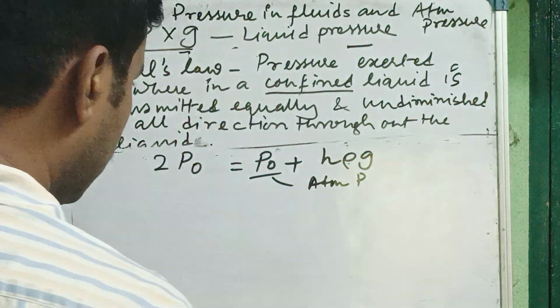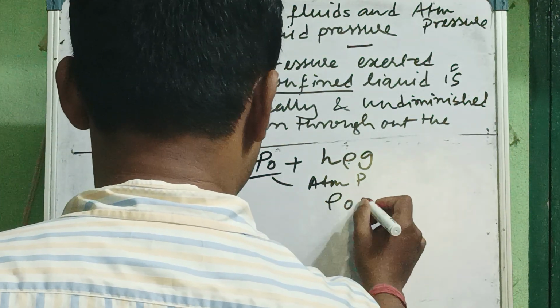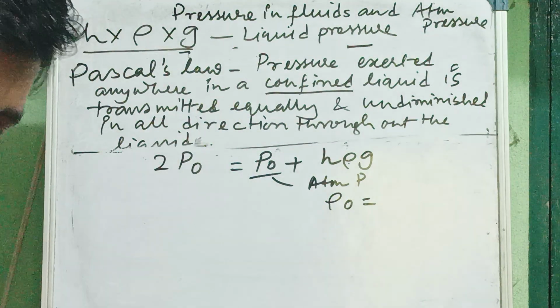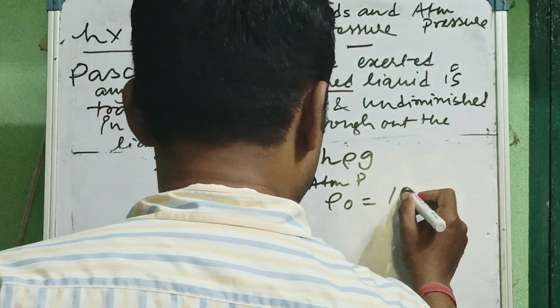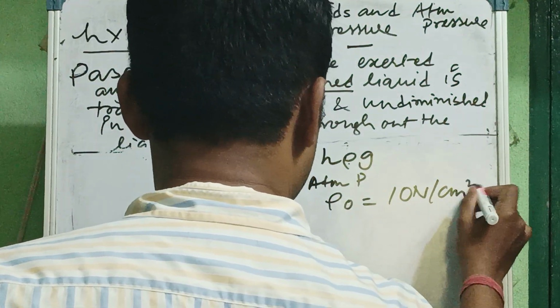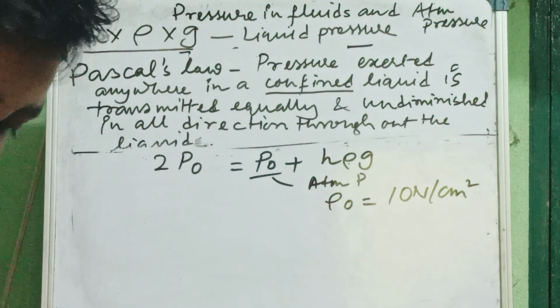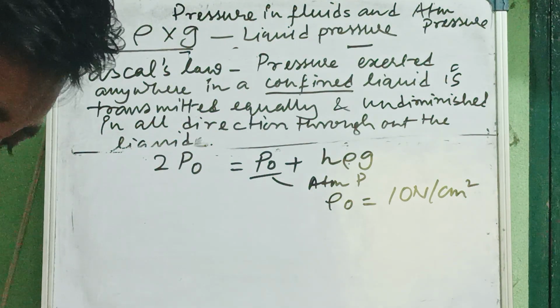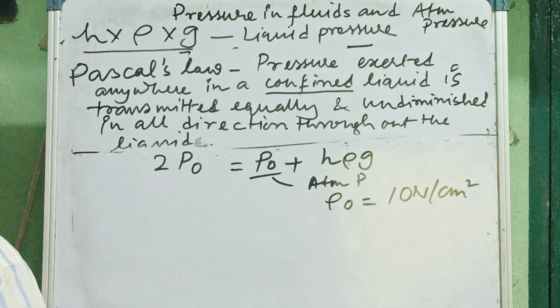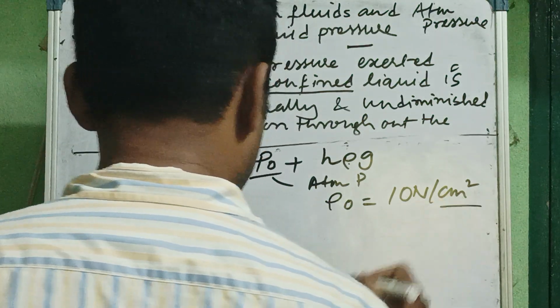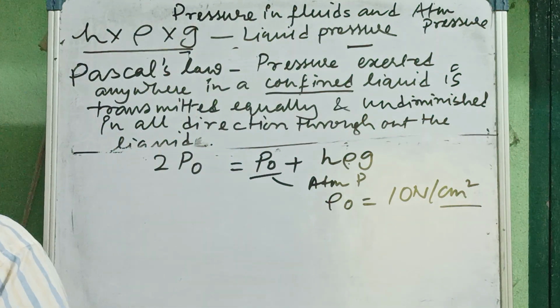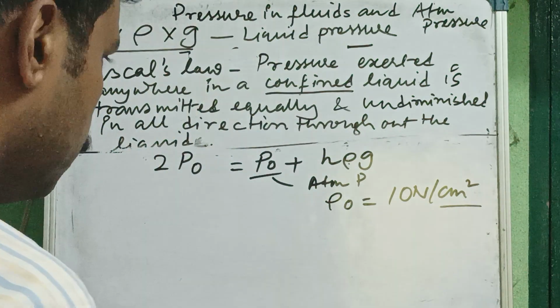Now the given P0 value is 10 Newton per centimeter square. If P0 is given as 10 Newton per centimeter square, first you can convert this centimeter square into meter square, because it can be converted into SI unit.